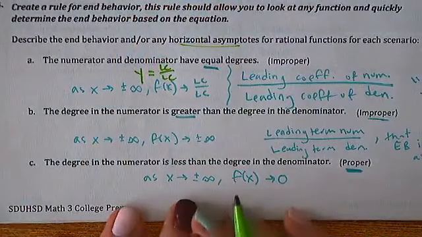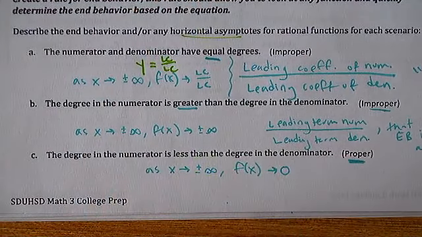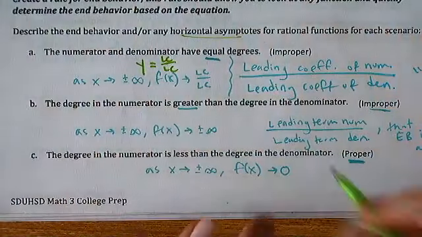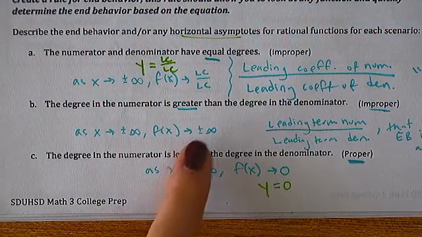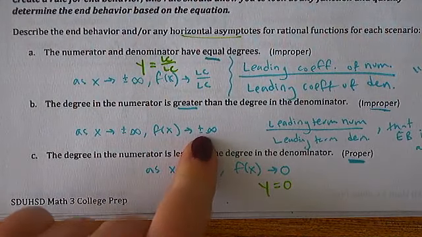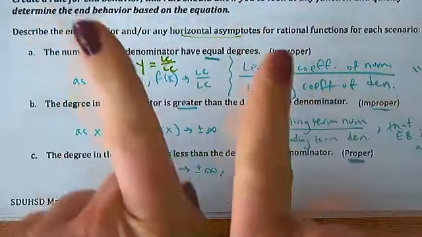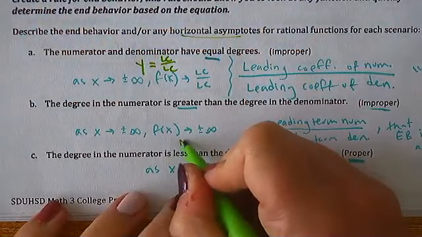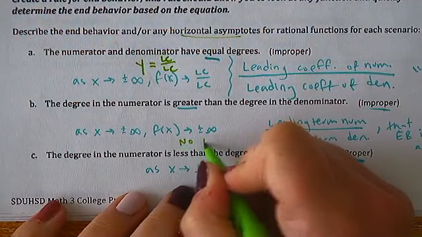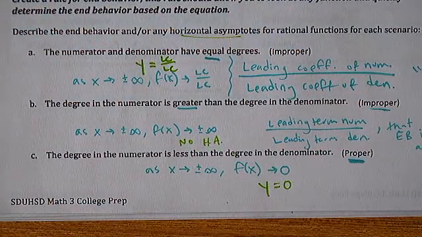For propers, it's also the same thing. They mimic your end behavior because that's what it's approaching, right? So it's y equals 0. This one, because it's not approaching a horizontal line, it's either going up, down, up, up, or down, down. So in this case, there would be no horizontal asymptote because it's not approaching a horizontal line. Does that make sense?